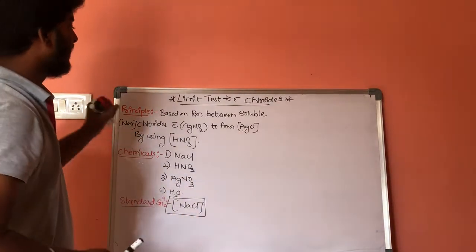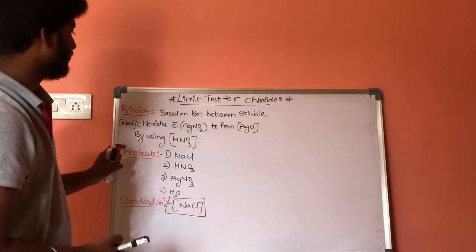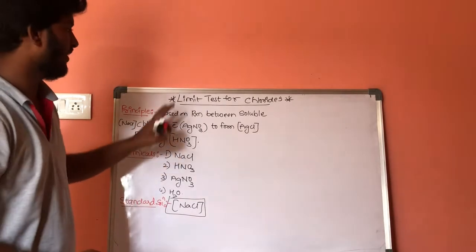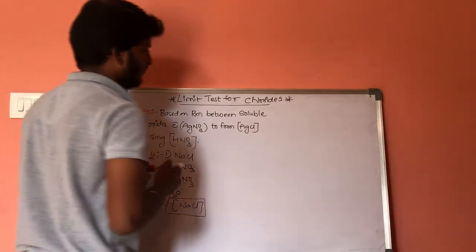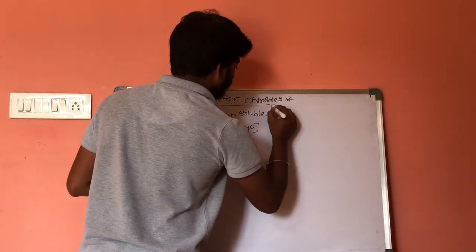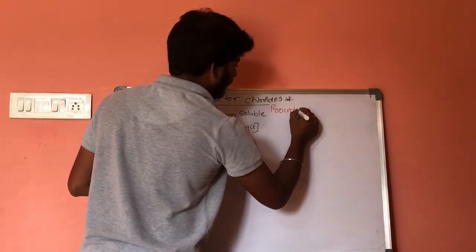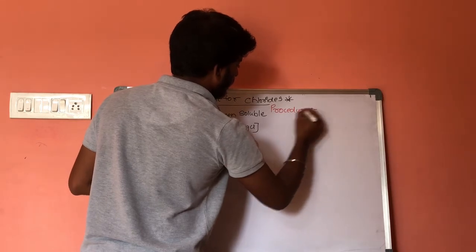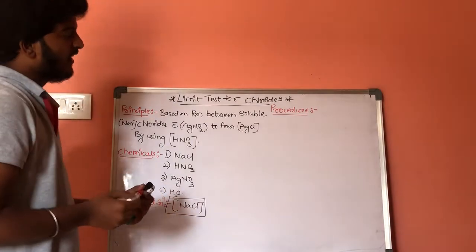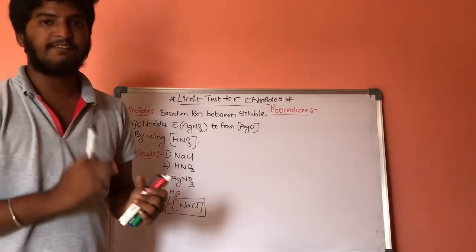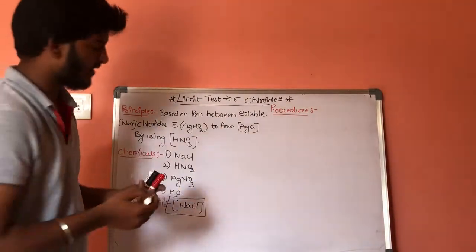Now, let us discuss the procedure of the limit test for chlorides. In the procedure, we should take 2 Nessler cylinders.